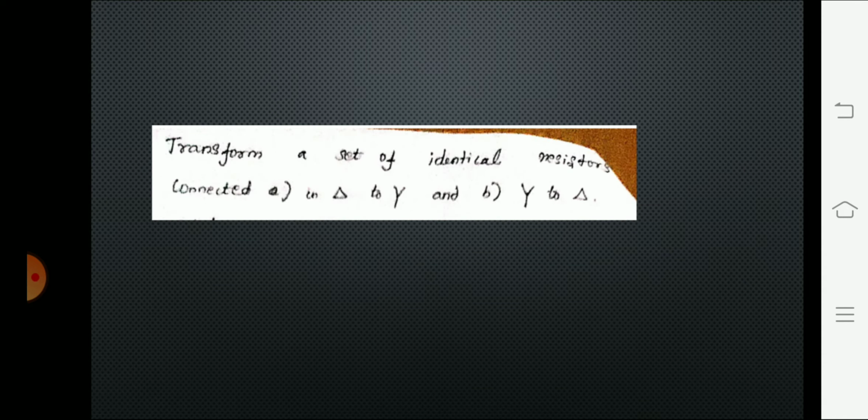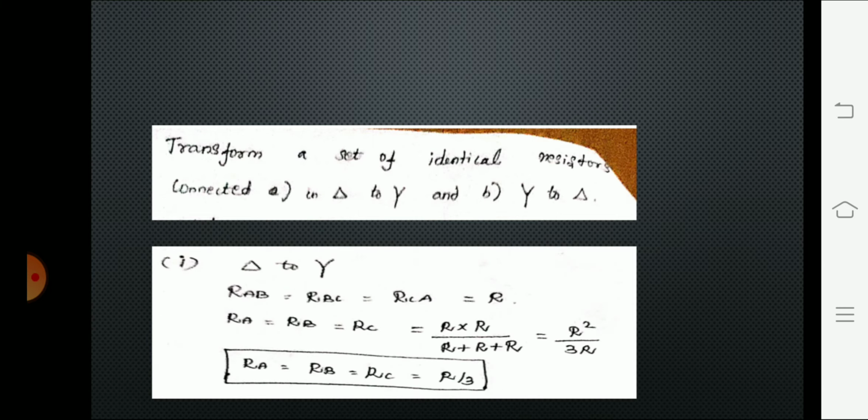Next, transform a set of identical resistors connected in delta to star and star to delta. Here the resistance values are identical, meaning all the resistance values are equal. First we convert the delta to star connection. In this case, RAB equal to RBC equal to RCA, the value is R. So RA equal to RB equal to RC.